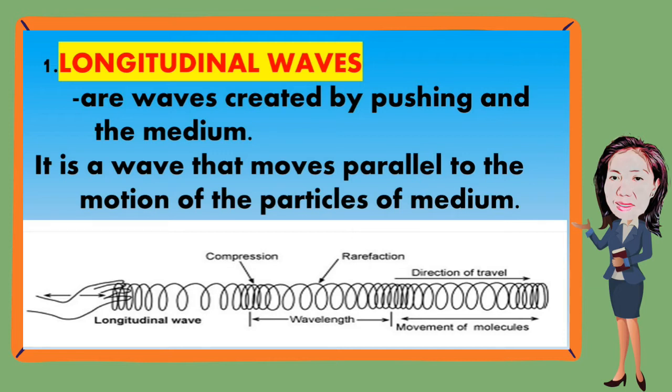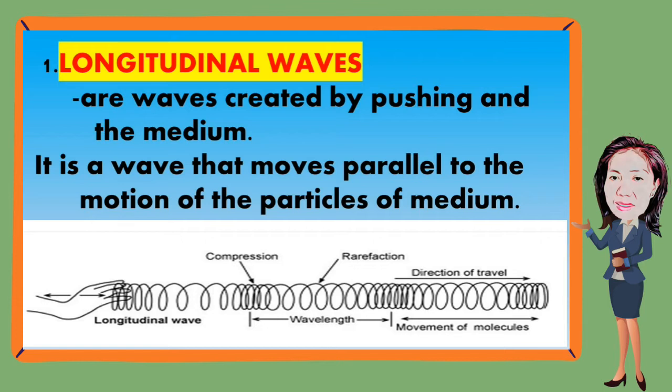So kung i-push ni ma'am yung slinky and then back, what happened is there are parts na nag-compress, there are parts of the slinky na nag-spread, then compressed, and then spread, and then compressed. So this is what happened to the longitudinal wave.